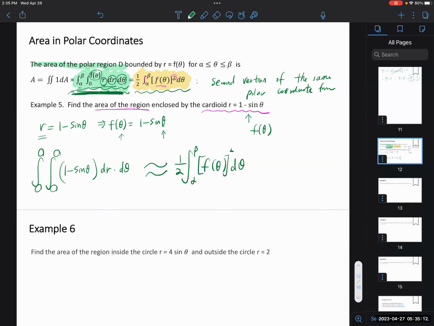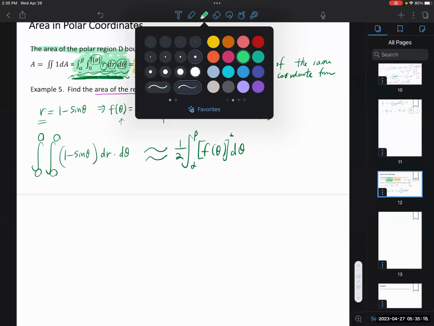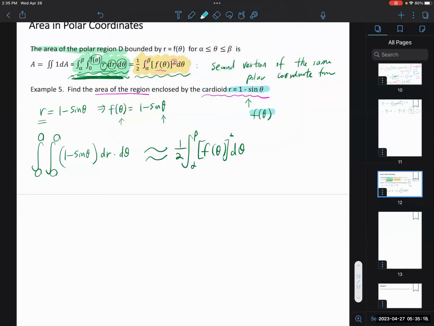So I'm going to go back. We just found that this is f of theta, so we plug it in here. Therefore, one half, and for the area we have to define the integral, but the function is given: 1 minus sine theta, d theta.